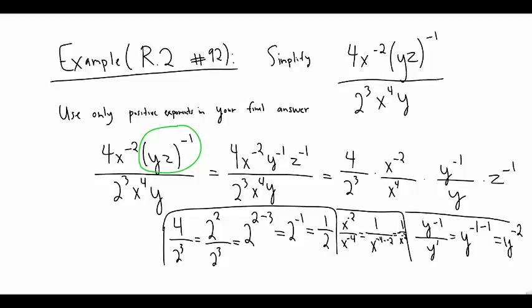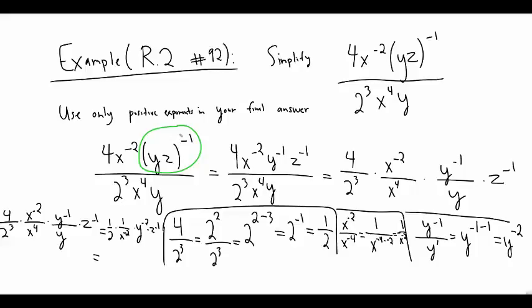Okay. And now let's put it all together. Let's erase this. We'll write it over here actually. We've simplified each of these individual factors. This was 1/2. This was 1 over x to the minus 2. This was y to the minus 2 and z to the minus 1. Okay.